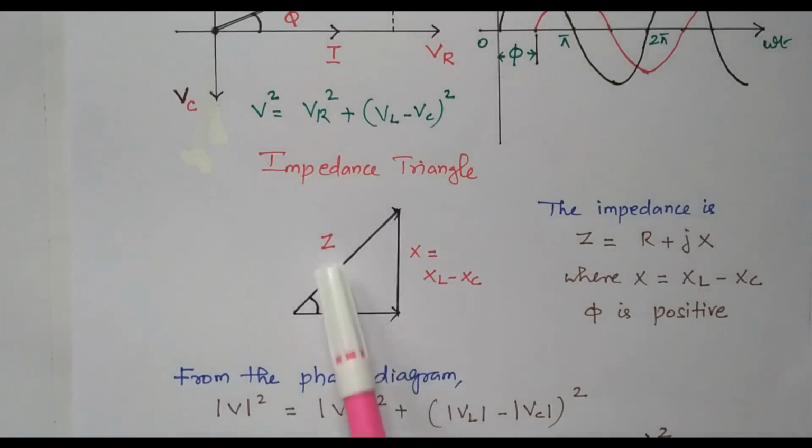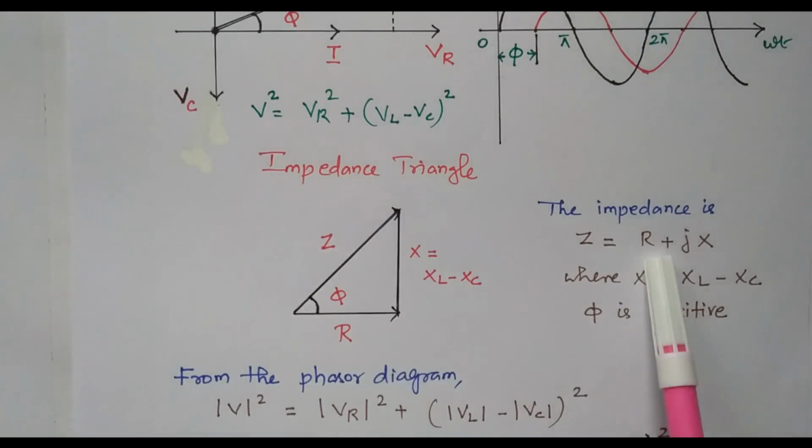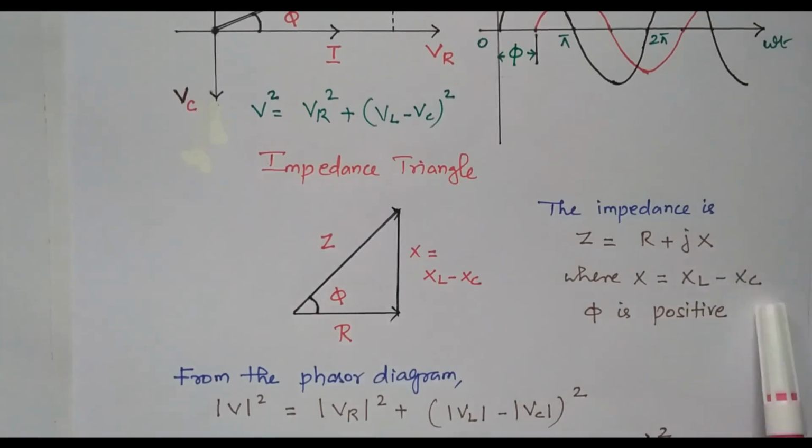The sum of these two is the impedance, R plus jX. j represents 90 degrees. This X is nothing but XL minus XC, and phi is positive because voltage is leading. So the reactance here is the difference between inductive reactance and capacitive reactance, XL minus XC.